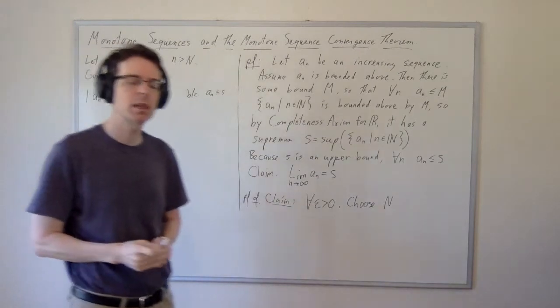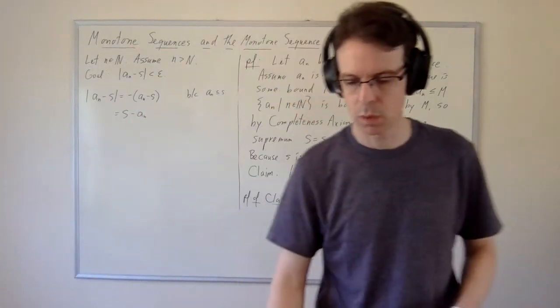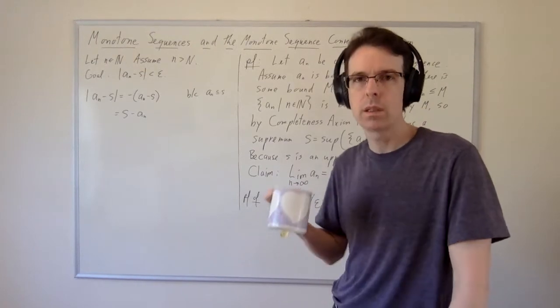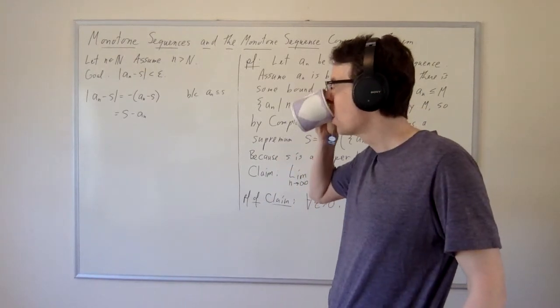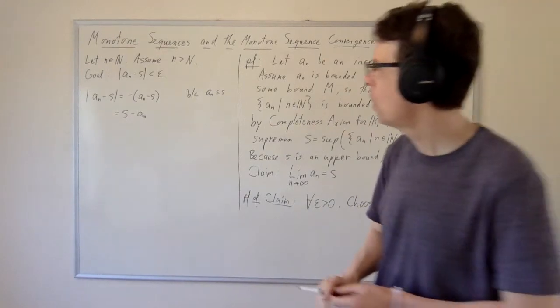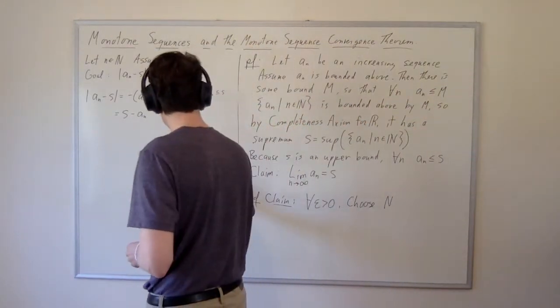So it's actually s minus an that we're trying to show less than epsilon. So here I've found a way to discard the absolute value signs. So I want that less than epsilon.